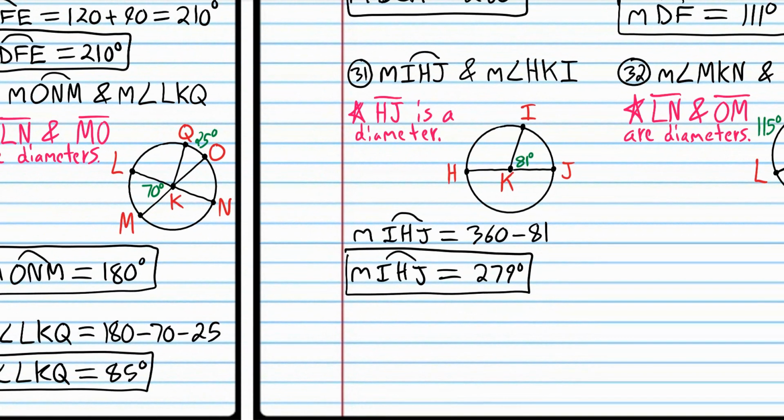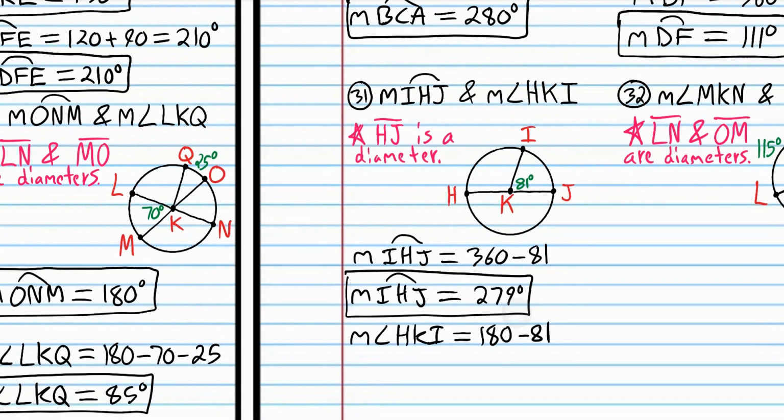And we need the measure of angle HKI. Probably the easiest way is to do 180 minus 81, because this is a straight line, so obviously the total arc measure here would be 180 degrees.